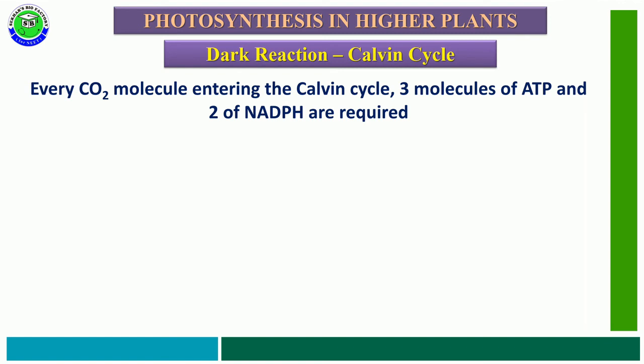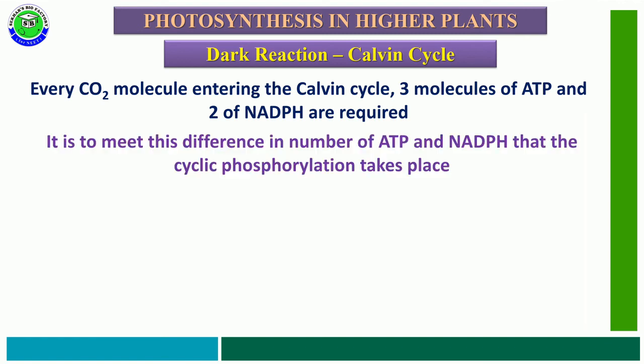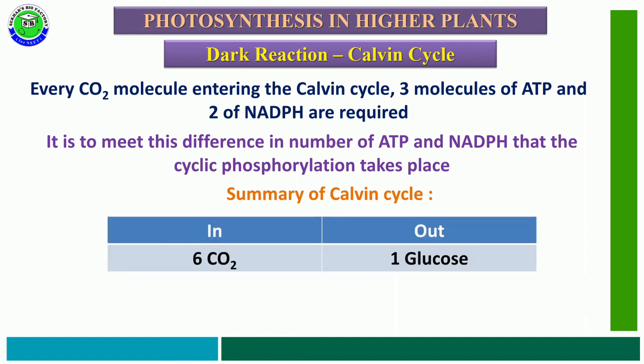each carbon dioxide utilizes 3 molecules of ATP and 2 molecules of NADPH. This shows the difference in the number of ATP and NADPH compared with cyclic phosphorylation. When we count the number of ATP and NADPH molecules in the Calvin cycle, 6 carbon dioxide molecules entering the Calvin cycle are useful for the formation of 1 molecule of glucose.